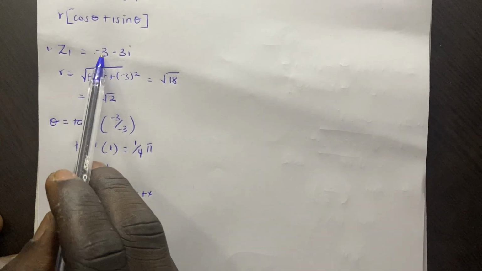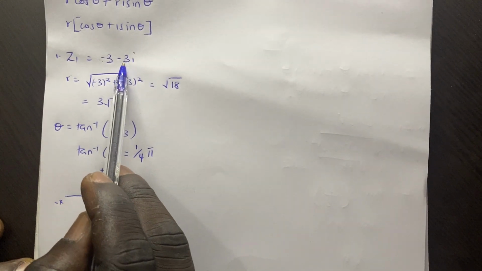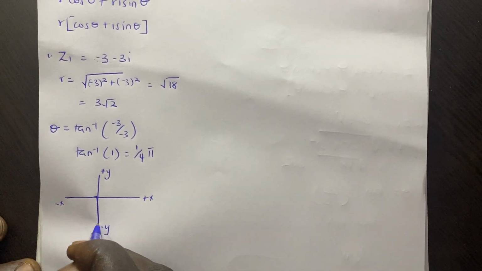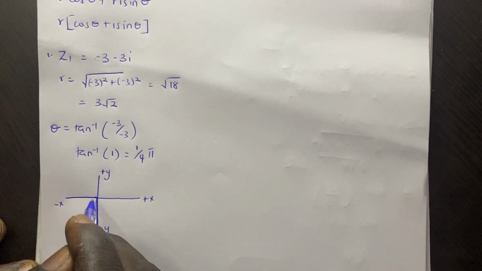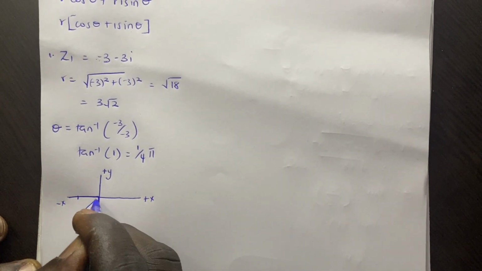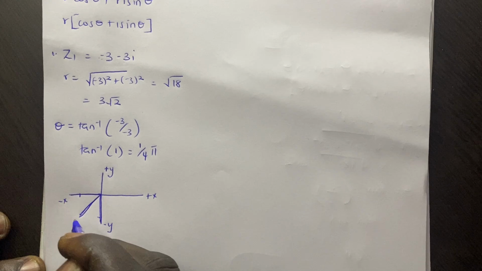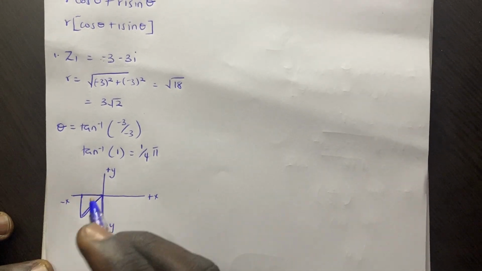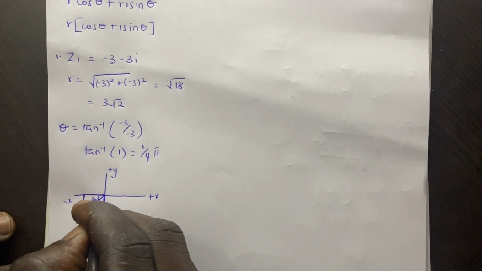You have the x axis to be negative and the y axis to be negative, so it means that theta falls within this quadrant. You can see here is our 3, here is our 3, we can draw it here, and then always the hypotenuse is linked up with the x axis like this, and then the theta is going to be this side.